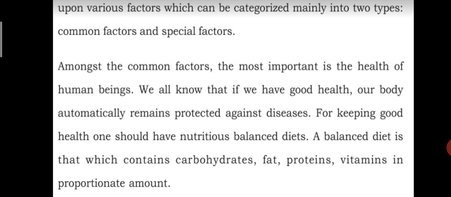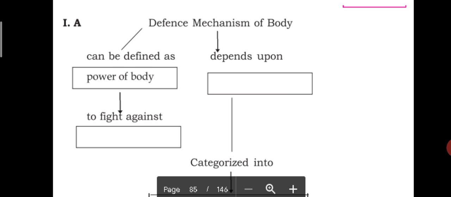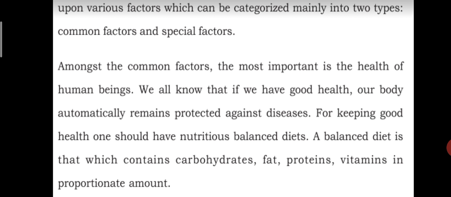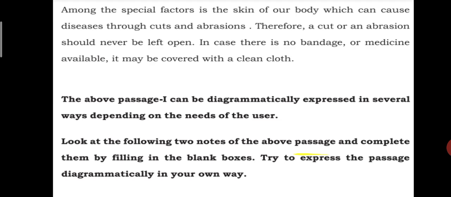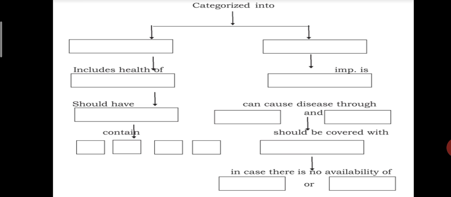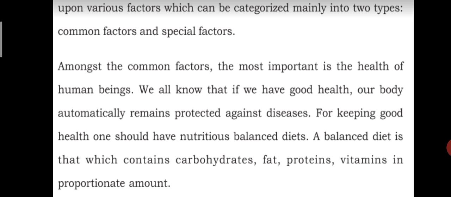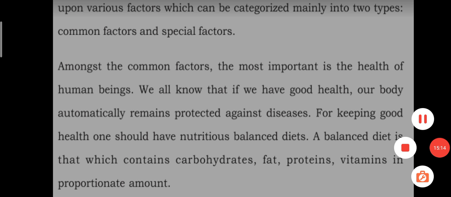You all know that if we have good health, our body automatically remains protected against diseases. For keeping good health, one should have a nutritious balanced diet. It contains carbohydrates, fat, proteins and vitamins. All these things should be included in a nutritious diet.